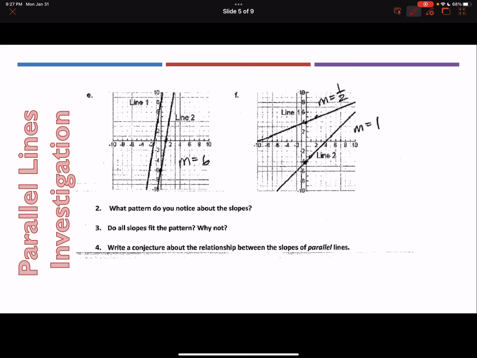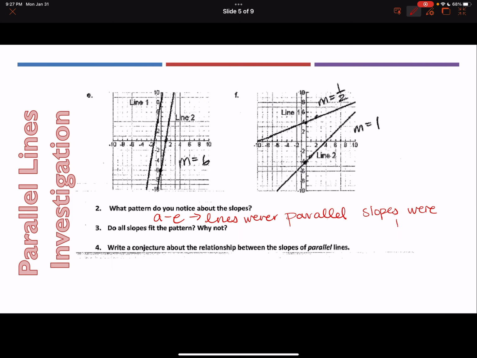And then F, line 1 had slope equal to 1/2, and line 2 had slope equal to 1. So hopefully you notice that in letters A through E, the lines were parallel and the slopes were the same.